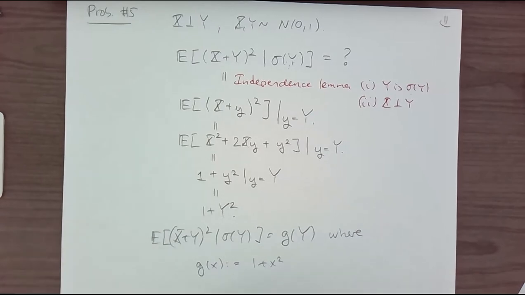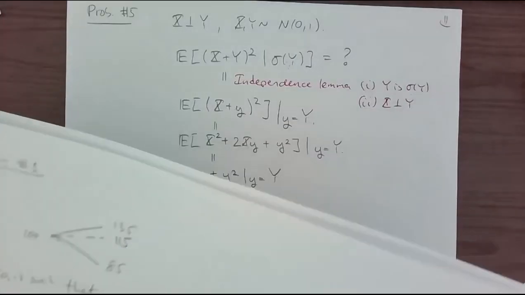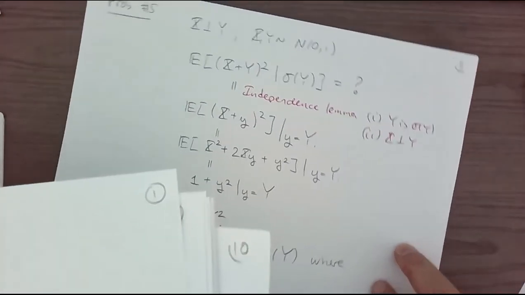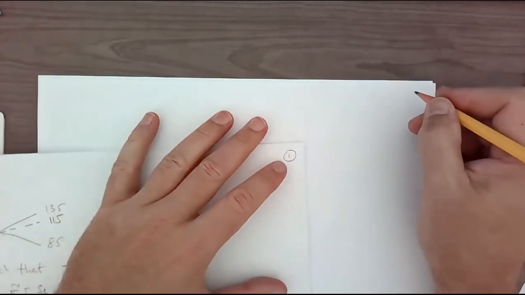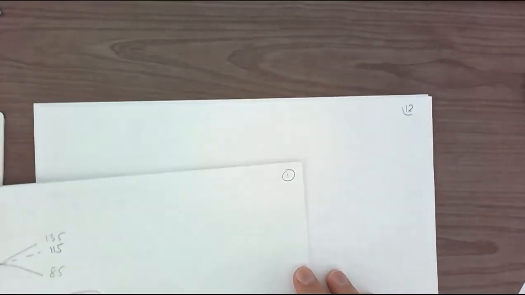So for the next problems 6, 7, and 8, I have notes that say that we did those in class. Do you want me to go over them again, or do you want me to skip ahead to the later problems? What would you guys prefer? Later problems, okay. So 6, 7, and 8 were done in lectures.